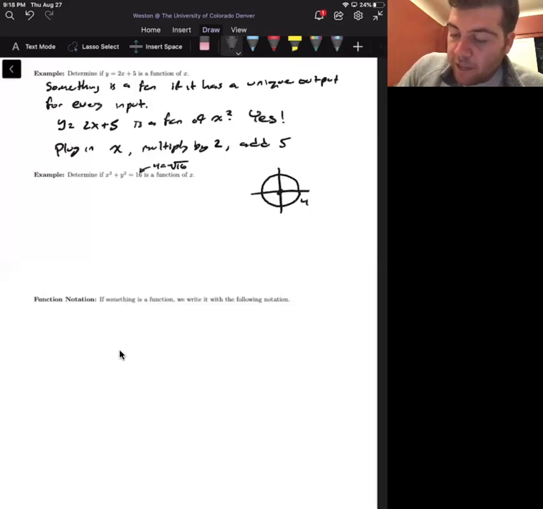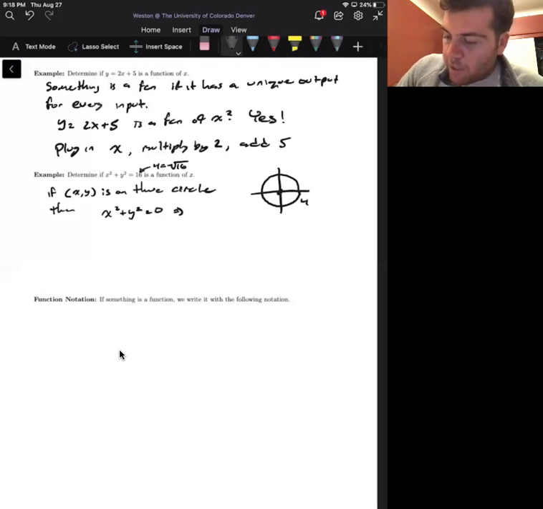And then we know that if x, y is on the circle, then x squared plus y squared equals 16, which is going to tell us that x equals, wow, I didn't write 16, I wrote 0.